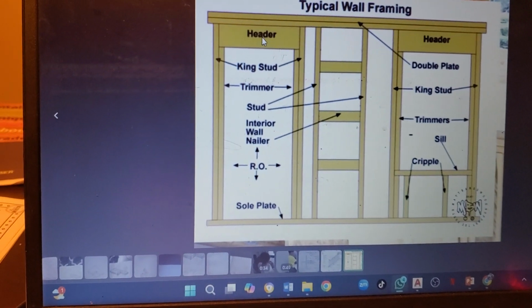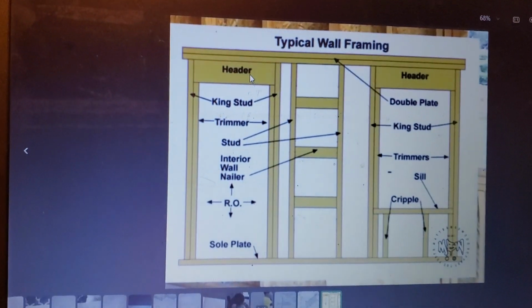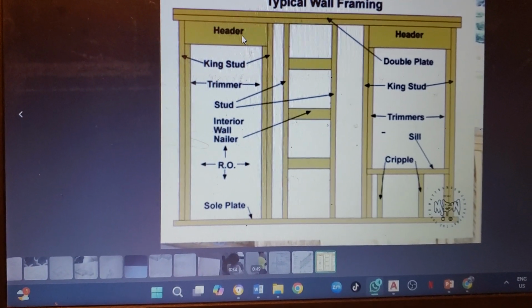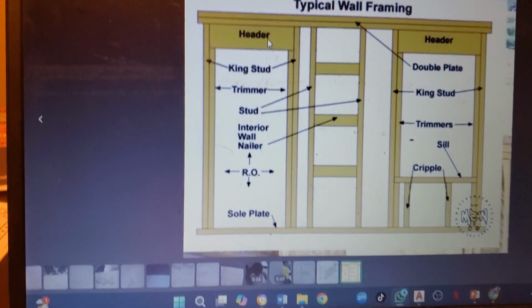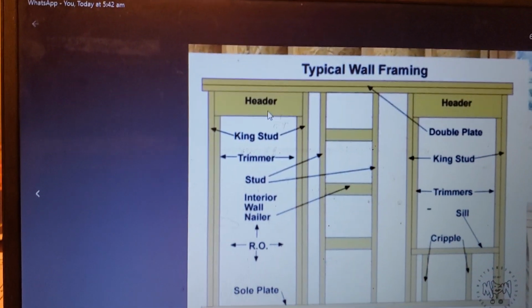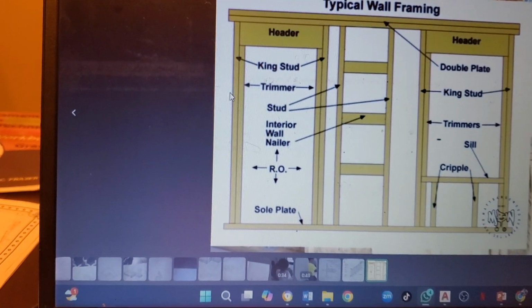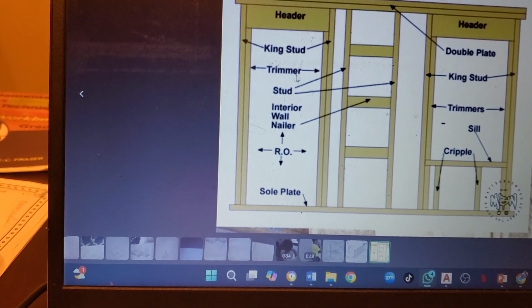For the door above here we have the head plate. For timber structures or timber walls, we typically don't have a lintel per se. We have a header, and here we have these are the king studs, and we have the trimmer.